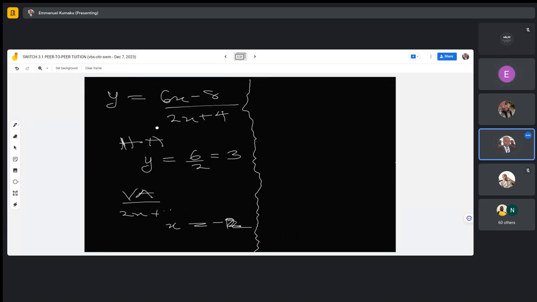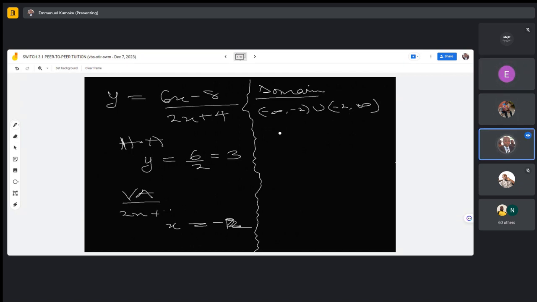The domain will be all values except the vertical asymptote or any hole. But here there's no hole, it's only the vertical asymptote. So it's from negative infinity up to negative 2, union negative 2 up to positive infinity.